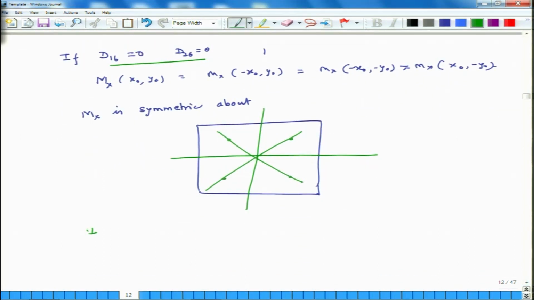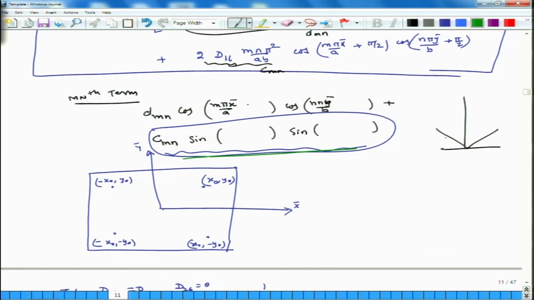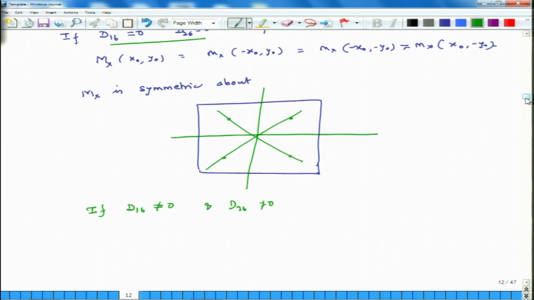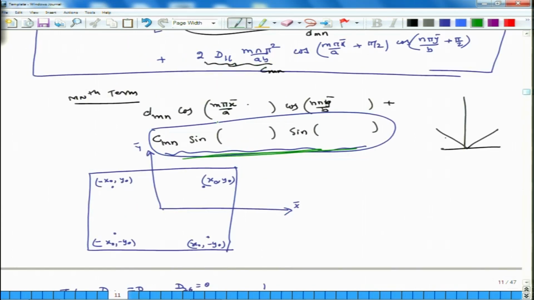Now if d16 is not equal to 0, and d26 is not equal to 0, then we also have to consider the sine term. Okay. And in that case what we find is, if I replace x by minus x naught, this cosine term does not change, this cosine term does not change, but this sine term becomes negative because sine of minus x is negative.